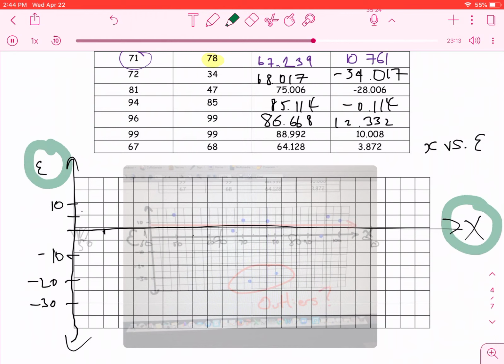Let's do one more time: 50, 60, 70, 80, 2, 4, 6, 8, 90, 2, 4, 6, 8. 99 will just be outside of that, but that's the best we could do, so no worries.